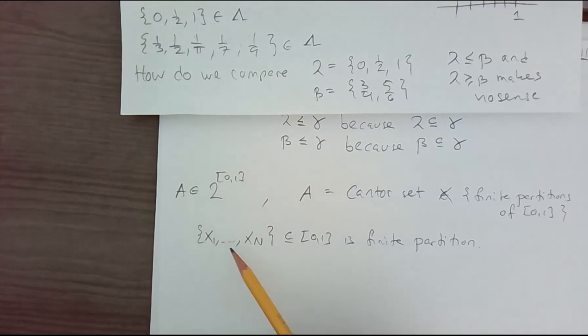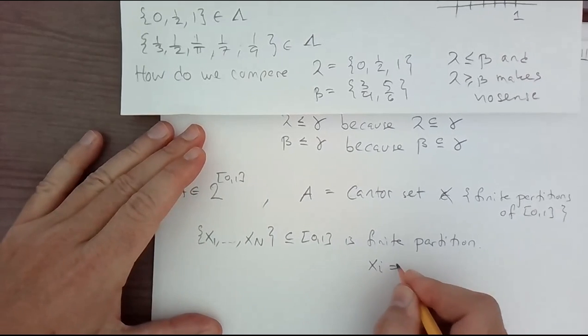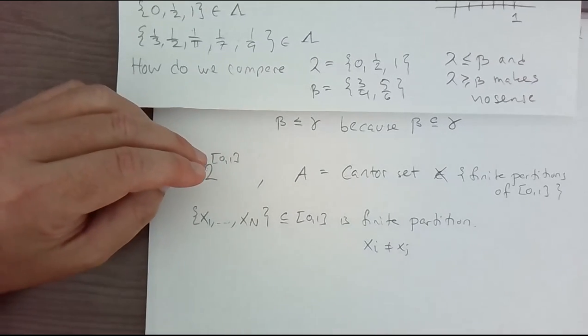So take a bunch of numbers between 0 and 1, and they're all different, right? So xi is not xj. And even if you want, you could order them.